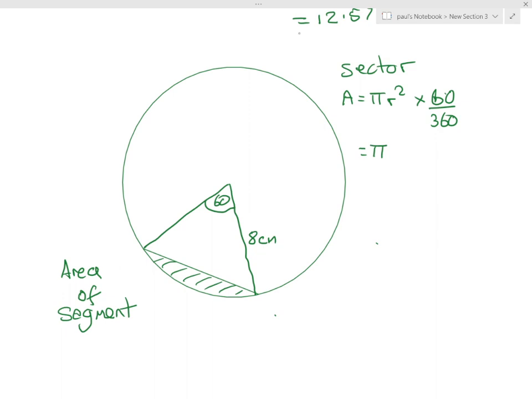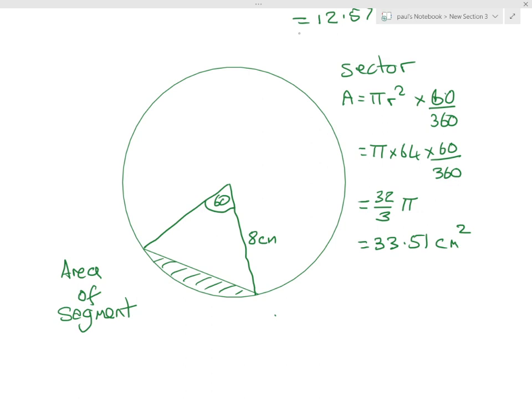This is pi times radius 8 squared, which is 64, times 60 divided by 360, which is 32 over 3 pi. That's a bit awkward, isn't it? So this would probably be the one where they'd ask you to do it to decimal places, and we will do that. 33.51 centimeters squared. So that is the area of the sector.